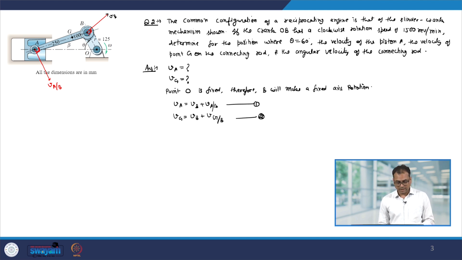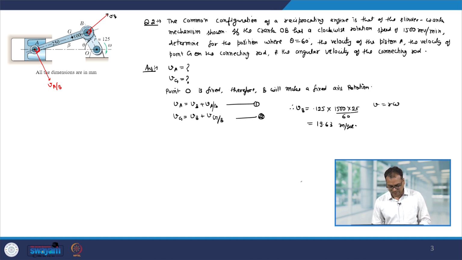Velocity of B can be very easily found out, V equal to R omega. So, velocity of point B will be R, which is 0.125 into omega. Omega is 1500 revolution multiplied by 2 pi divided by 60 and that comes out to be 19.63 meter per second. And as I said, the direction of VB will be perpendicular to OB.